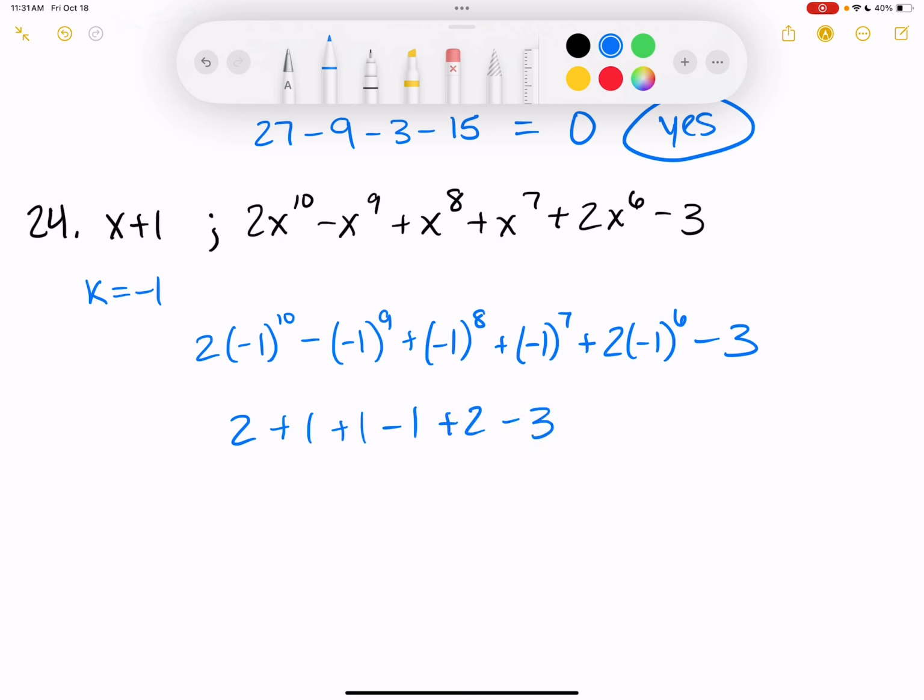And then minus 3. So that's equal to 2. So is this a factor? No. It's only a factor if it's equal to 0.